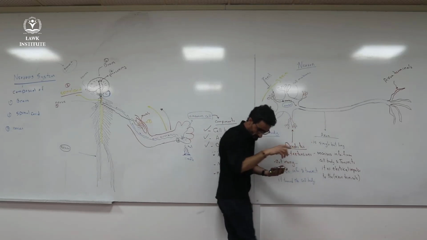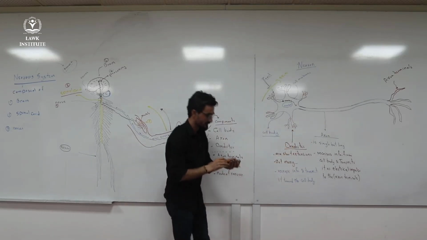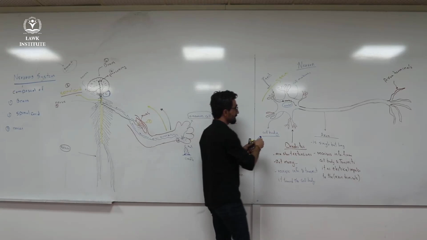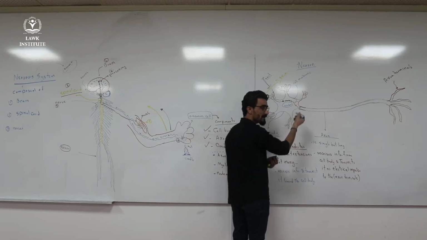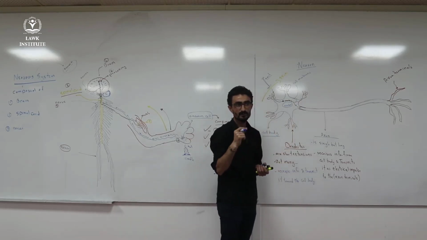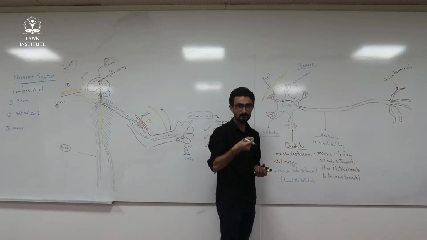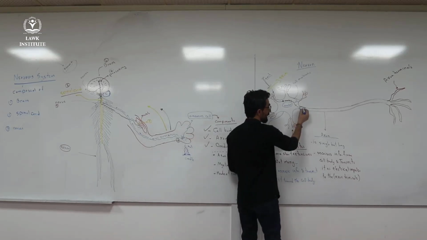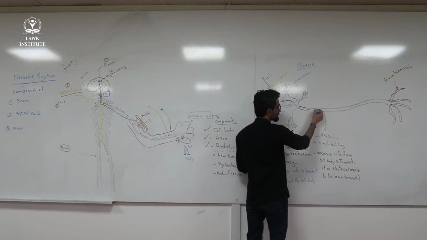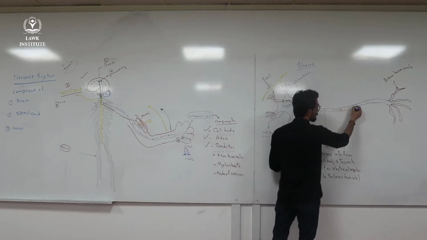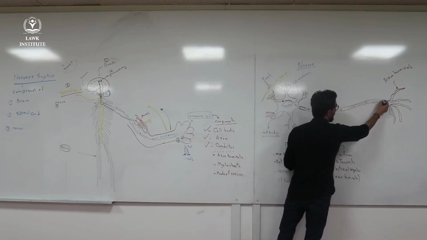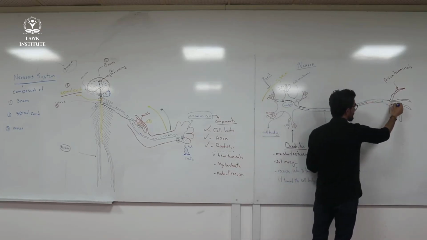Once the axon receives that particular information from the cell body, it changes the information into an electrical impulse, an electrical signal, and will transmit it throughout the axon to the end of the axon until it reaches the axon terminal.